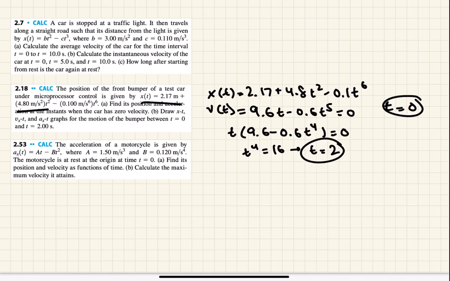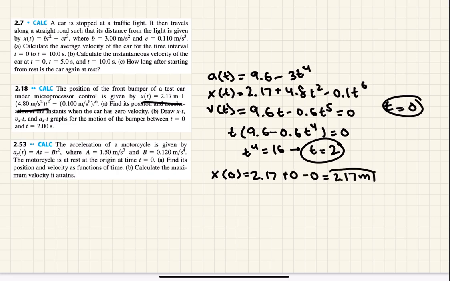Now we just have to find the position and acceleration at this instant. First, before I do anything, I'm going to solve for the acceleration equation. So we just take this equation and take the derivative of that. So first is going to be 9.6 minus, you bring down the 5, that's going to be 3 t to the power 4. Okay, now we're ready. X of 0 is equal to 2.17 plus 0 minus 0, or just 2.17 meters.